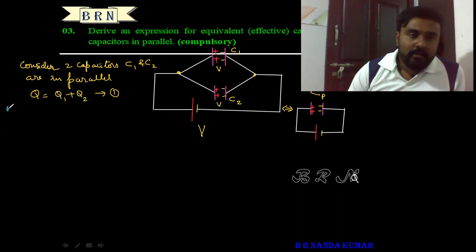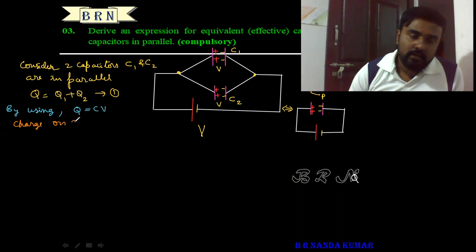Now by using the formula Q is equal to CV, the charge on C1, Q1, is equal to C1V. This is equation number 2.